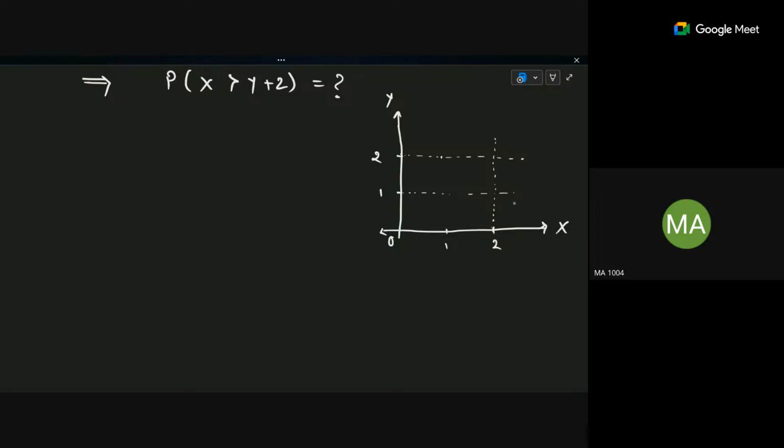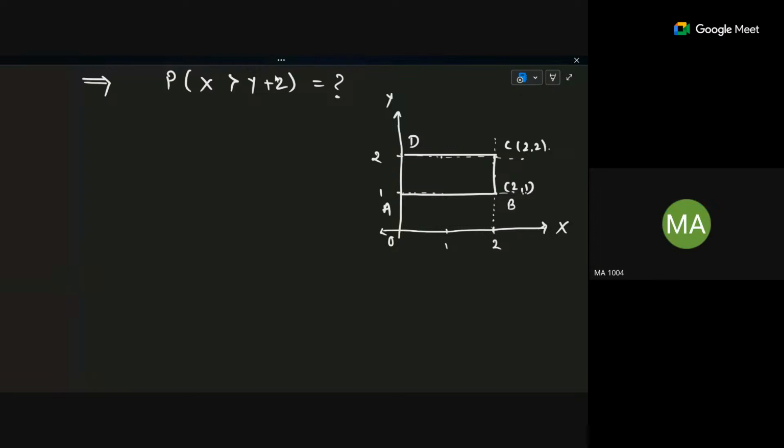The upper rectangle. Yes, this one is our required region. Let's name it A, B, C, D. The coordinates for B are 2 comma 1, and here 2 comma 2. Okay, so this is our required region.